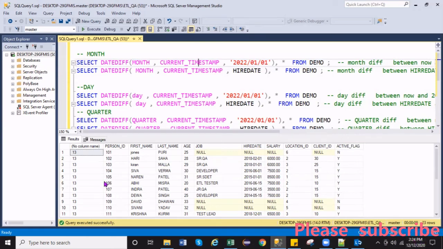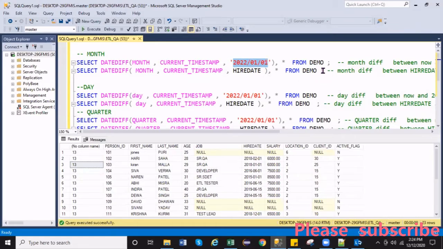What is the difference? It will be 13 months, because 1 month of this year and a whole year, that means 12 months of 2021. So it gives me 13 months from now to 2022 January 1st.